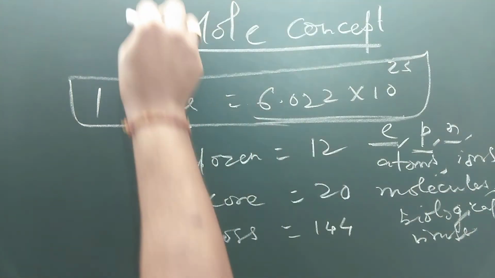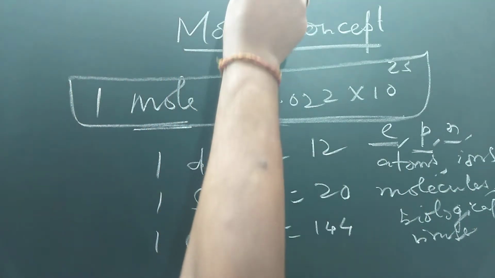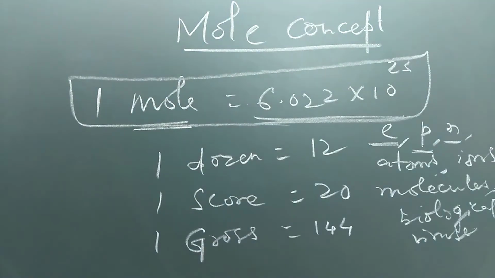Suppose 1 mole sodium, it means Avogadro number of sodium atoms. 1 mole water means Avogadro number of water molecules. 1 mole HIV means Avogadro number of HIV particles.